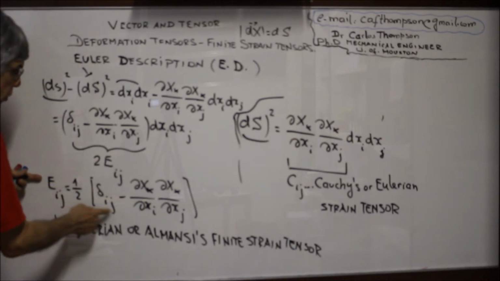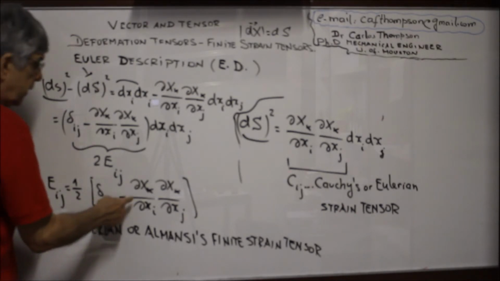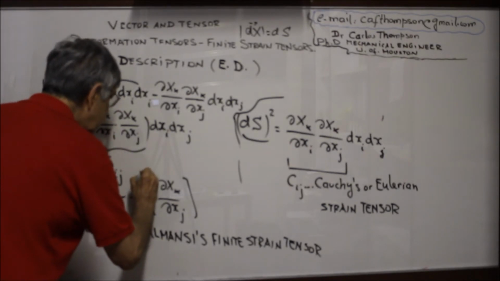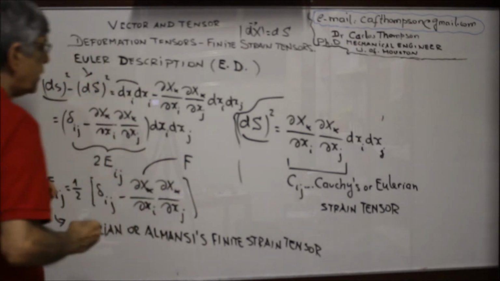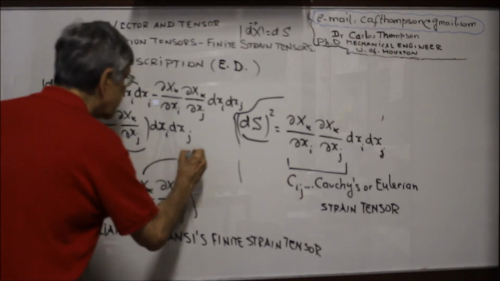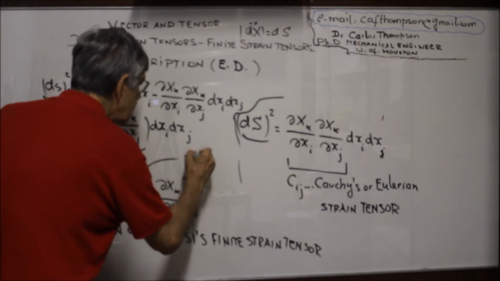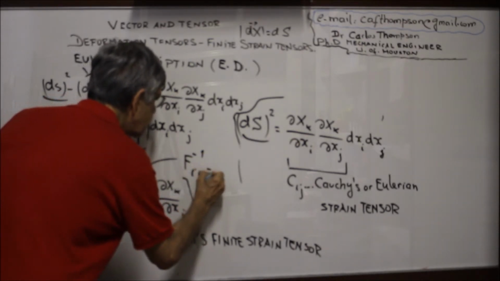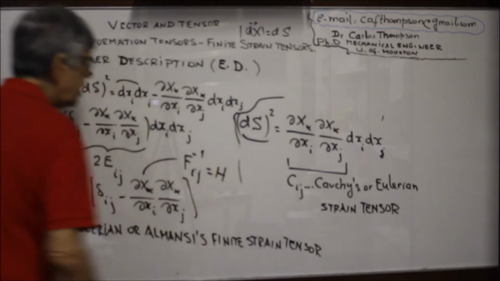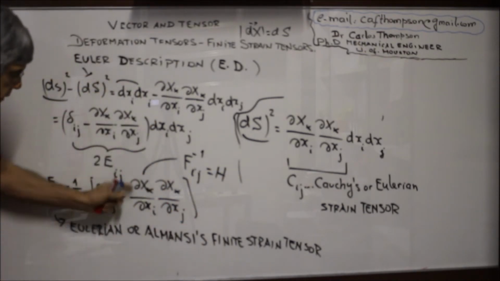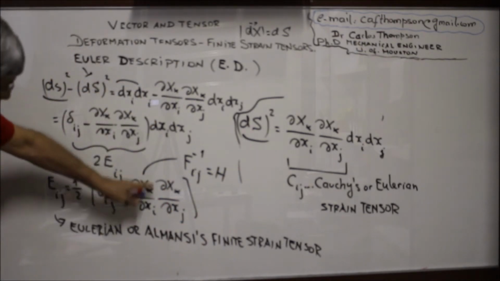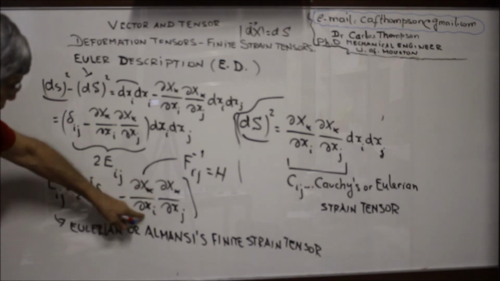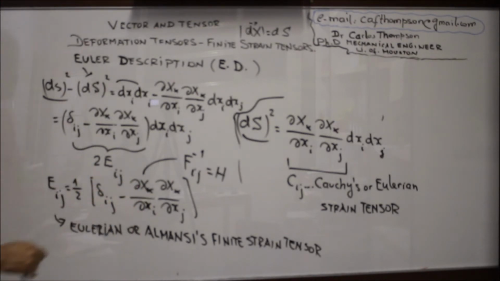Eij is 1/2 delta ij minus this. Remember, this is the deformation gradient, the inverse, you see, this is F minus 1 ij, which you call H. This is the partial derivative of capital X with respect to small x. This is the inverse of the deformation gradient.